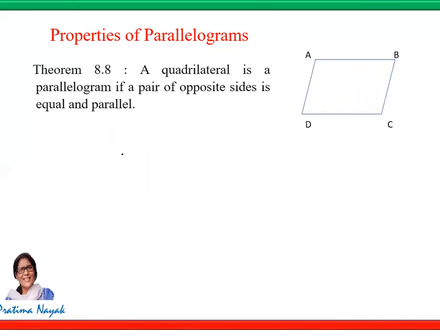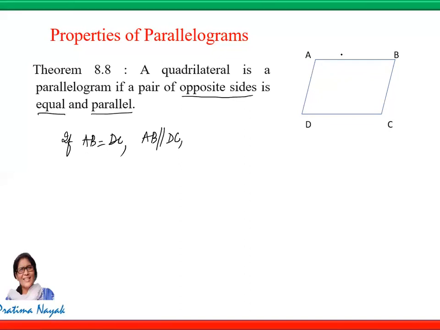Next, theorem 8.8. A quadrilateral is a parallelogram if a pair of opposite sides is equal and parallel. Here the condition is if AB is equal to DC and AB is parallel to DC, no need of the other pair.